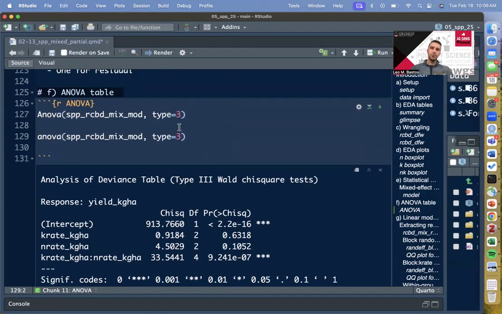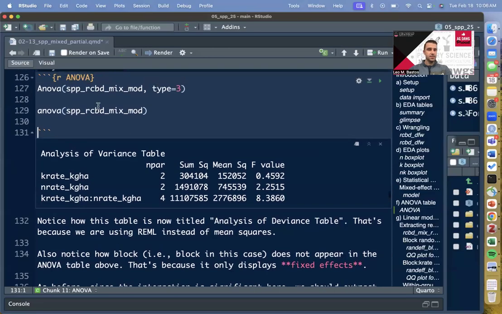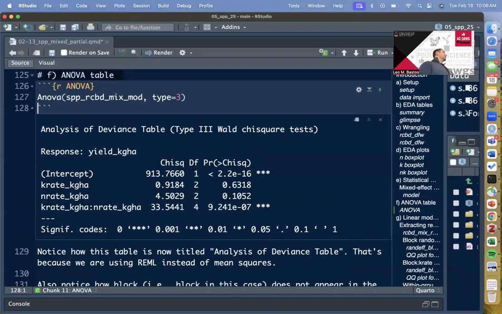I guess I did not incorporate that directly into my code. Okay, this is also not giving us that. I'm going to look into that and get back to you later, but I believe there's another function that will give us the denominator degrees of freedom.